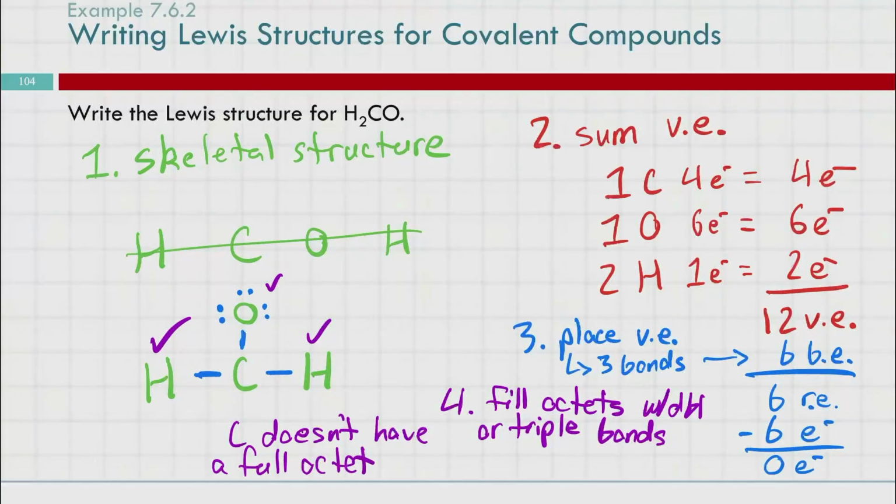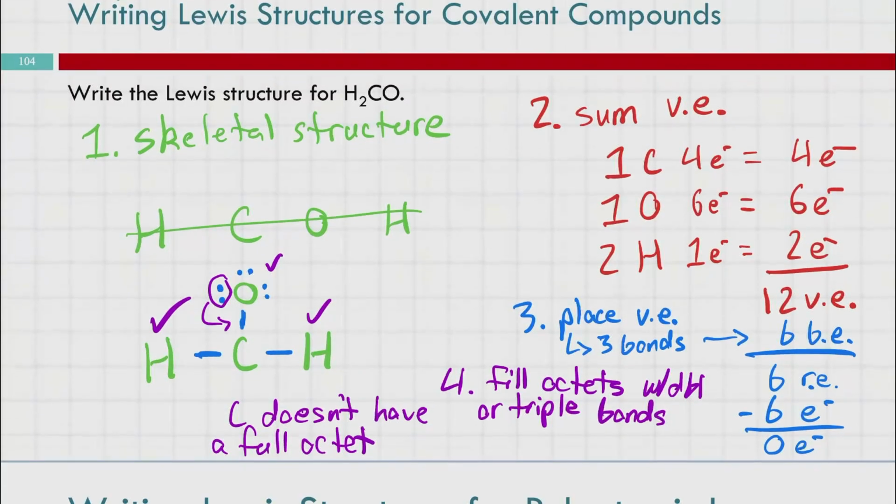The way that we can solve this problem is we can share some of oxygen's electrons. So if we put 2 of these electrons from oxygen in and make that a double bond, oxygen still has access to them. But now carbon does as well.